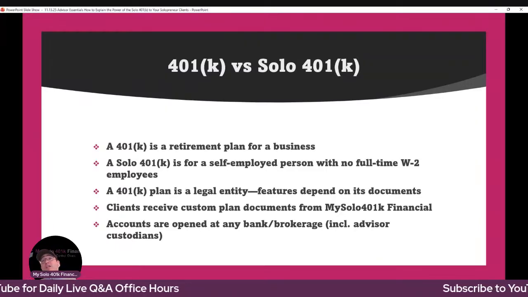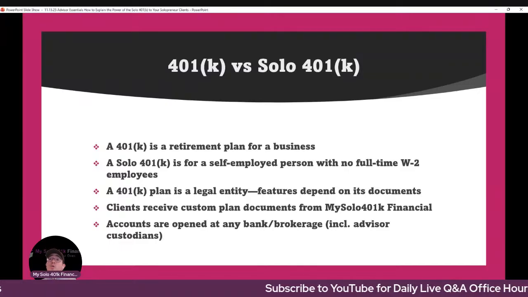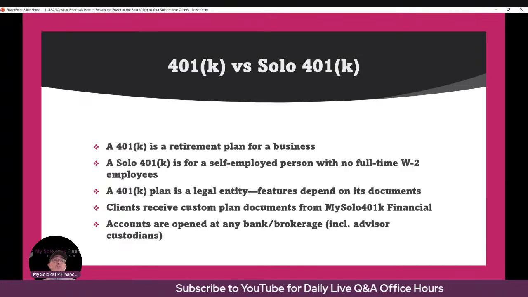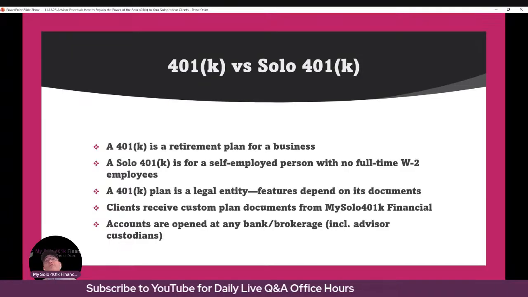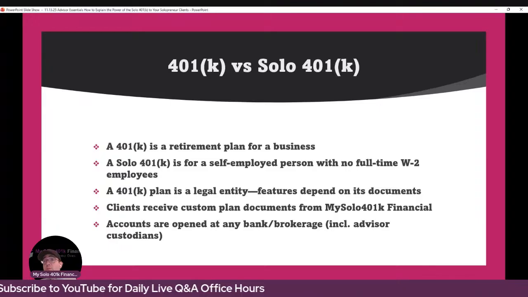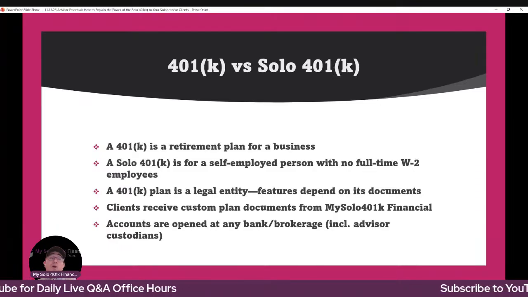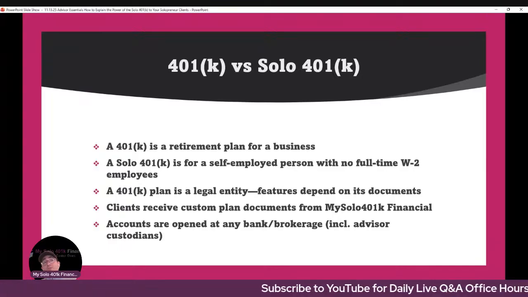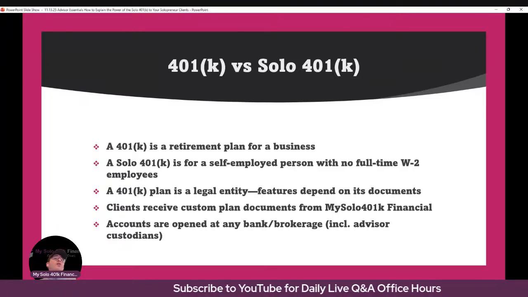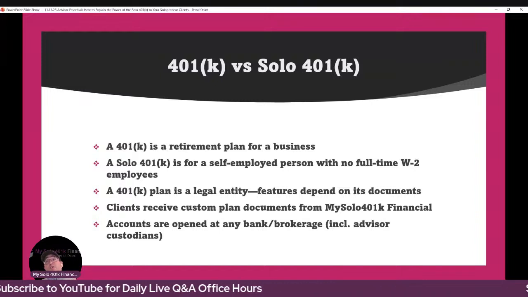So as long as the institution, for example, where you custody at as an advisor, will open up accounts for a third party plan, and many of them do, right? Like Fidelity, Schwab, Altruist, LPL, just to name a few, Pershing, just to name another. As long as they'll open up an account under the name and EIN number of the plan, then that is going to work. That's going to be compatible with our plan.